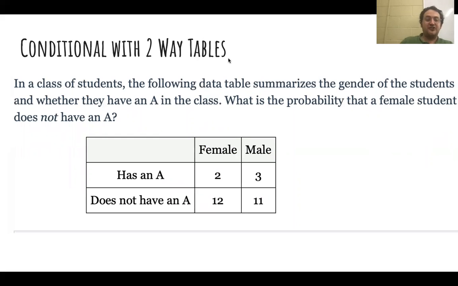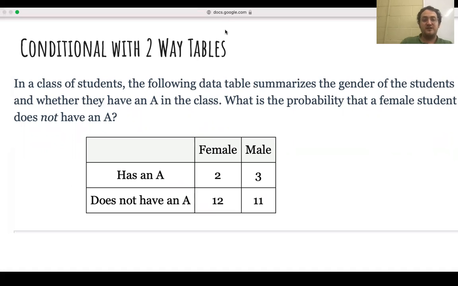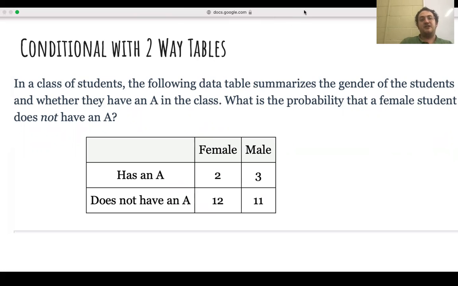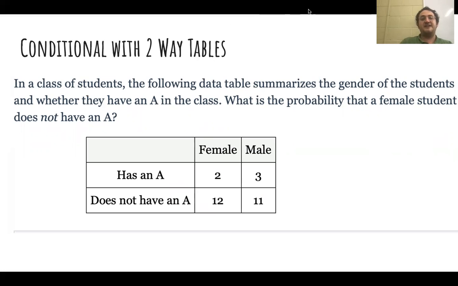So this is a conditional problem with two-way tables, kind of a basic one. This is asking, what is the probability that a female student does not have an A? So this problem is not asking about male students. It's asking about female students.